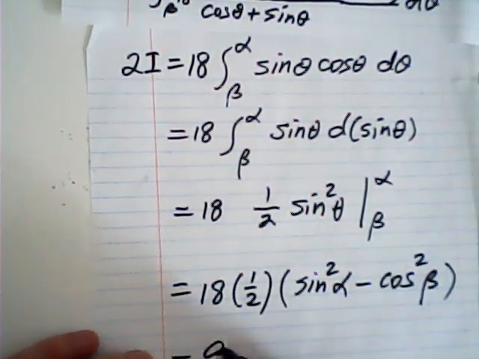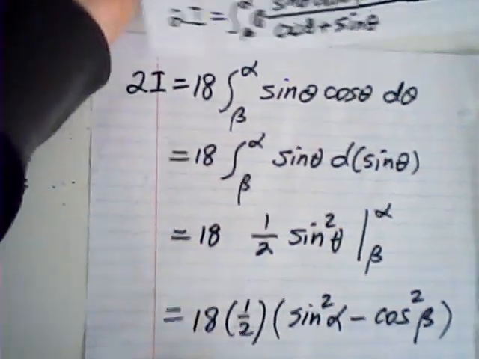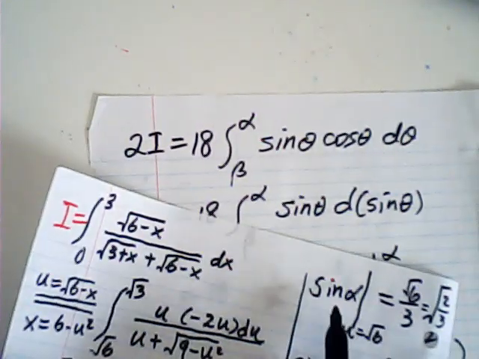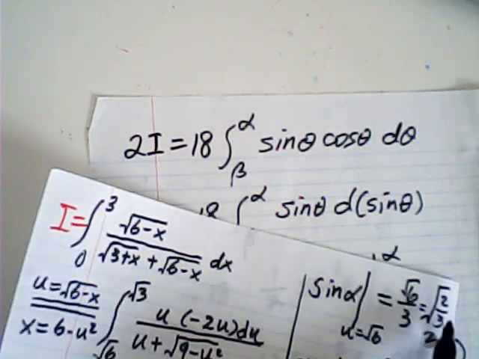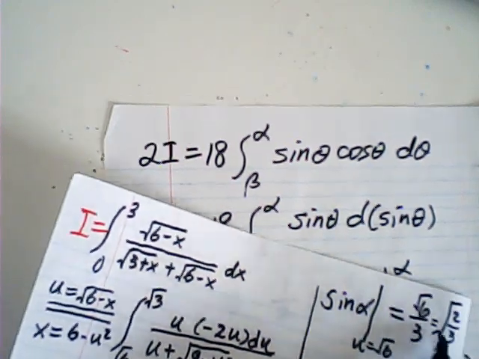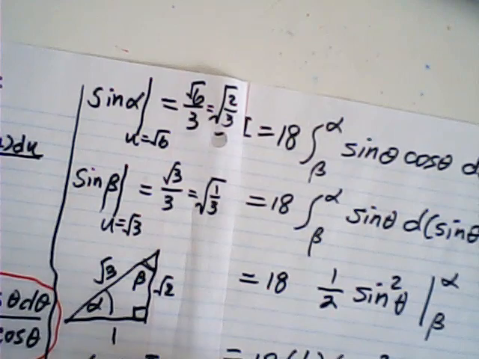This one is equal to 9 multiplied by. We know that sine alpha is square root of 2/3. So this one is 2/3.